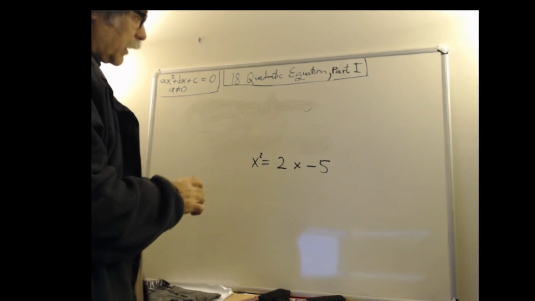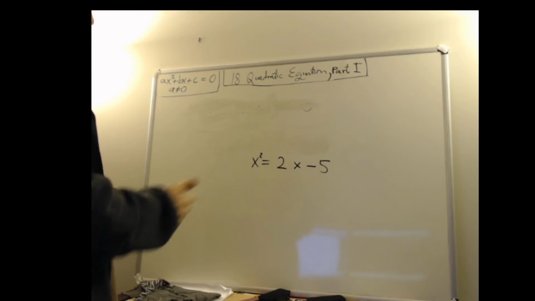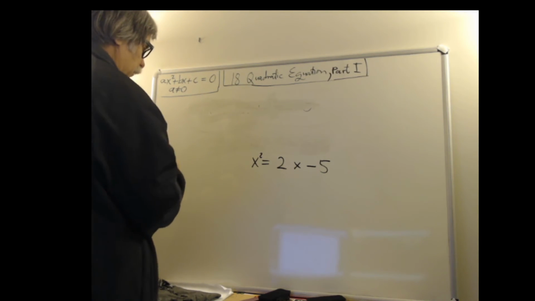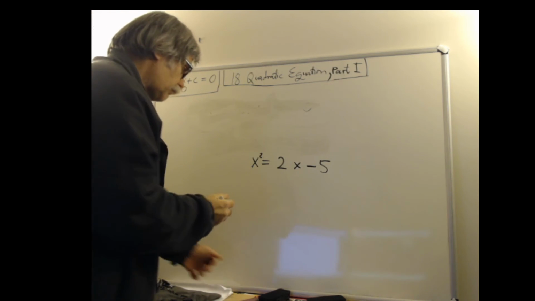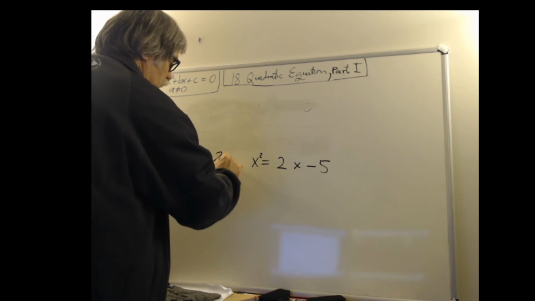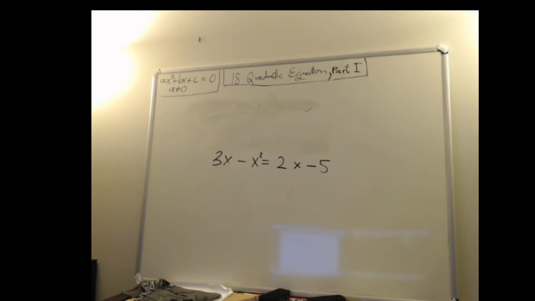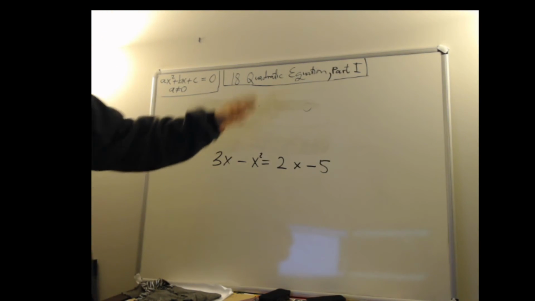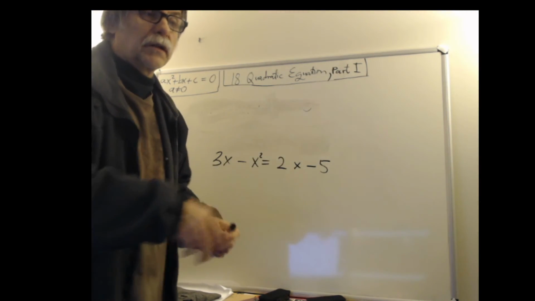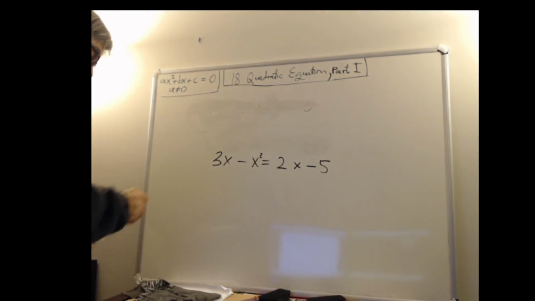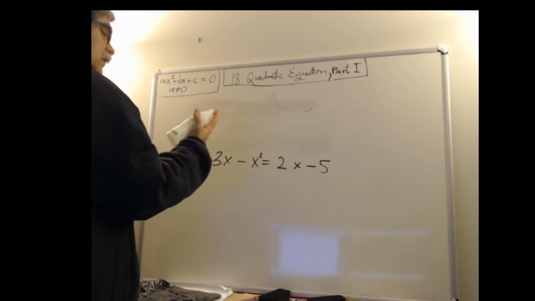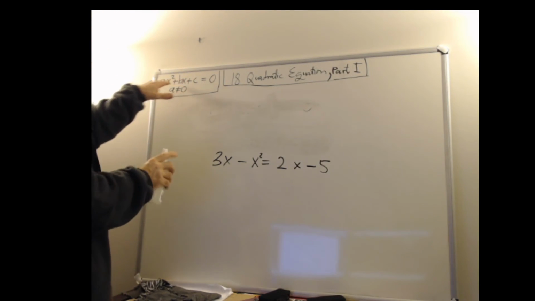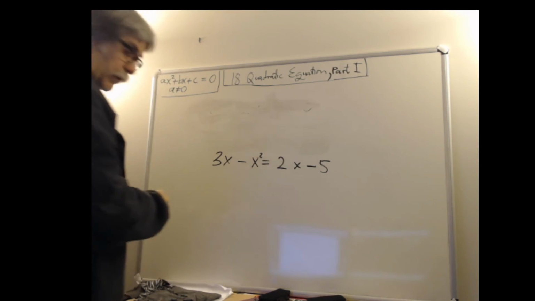but it's more like an equation with terms on both sides. I might even add something here like that. So I have a term with an x squared, a term with an x, another term with an x, and some constant number over there. So I have stuff that does not necessarily look anything remotely close to the format that we call the standard format of a quadratic equation.